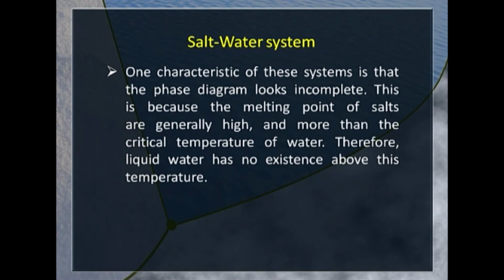Why? This is because the melting point of salts are generally high, and these temperatures are much more than the critical temperature of water. Therefore, liquid water has no existence above its critical temperature, and that is the reason we cannot trace the phase diagrams to the extreme right where we have almost 100% salt.